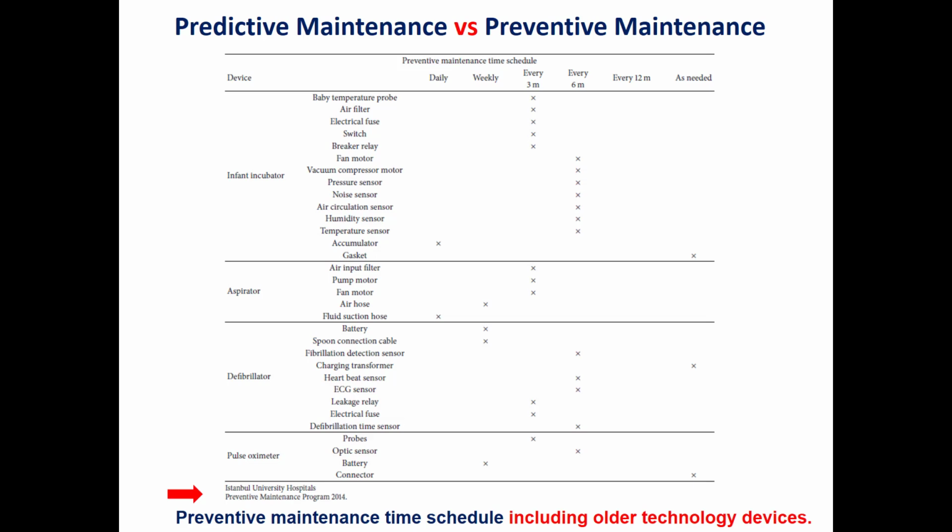So as we said before, we are currently moving from preventive maintenance into predictive maintenance. So what is the difference between them? Usually preventive maintenance should be performed in a specific period, usually every 3 months or 6 months or 12 months, or as needed.